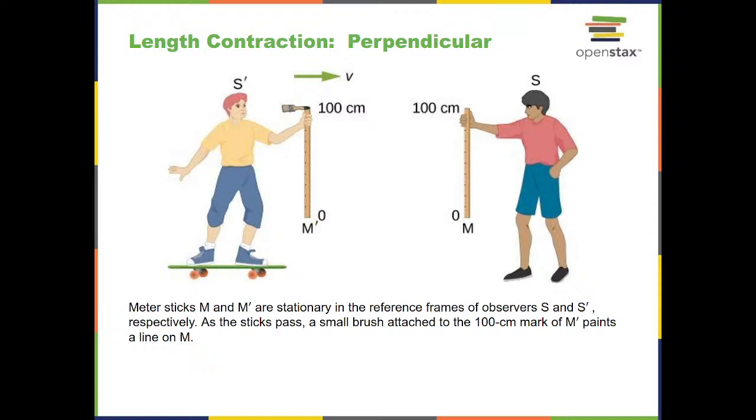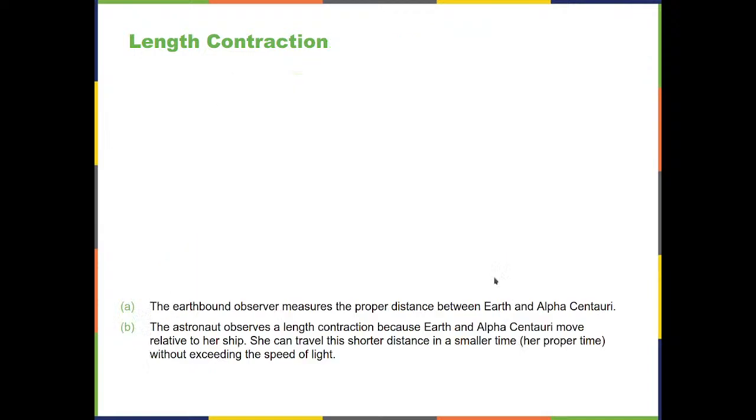We have to keep those directions and those lengths carefully separate: the effect of length contraction only happens along the direction of motion. The length in the perpendicular direction does not change.